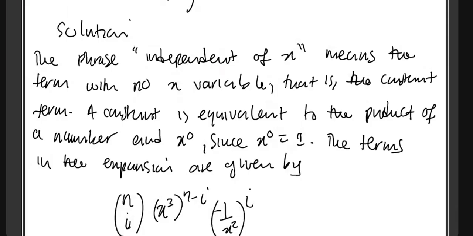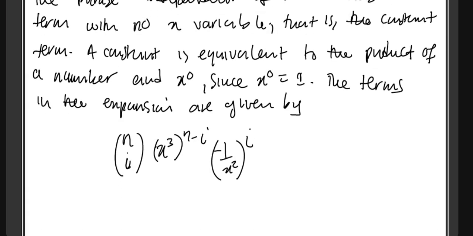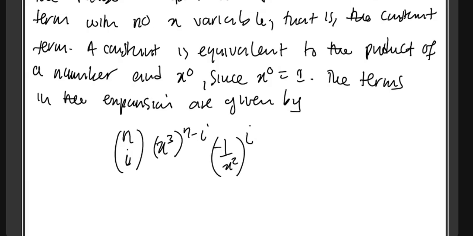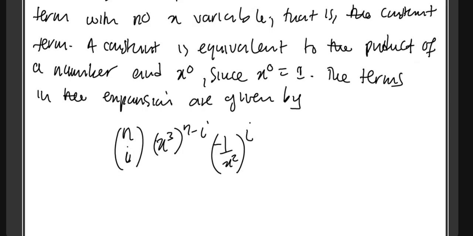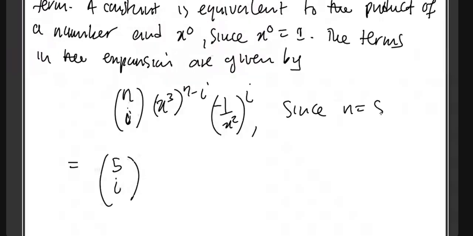Okay, so n is known, so we have to write the expression in such a way that it will be easy to work with. So here it is 5 choose I, since n is 5 from the question.